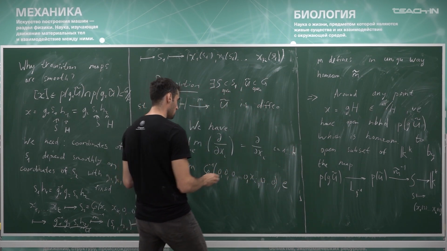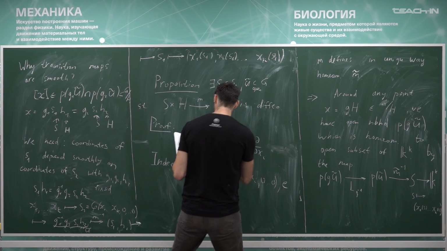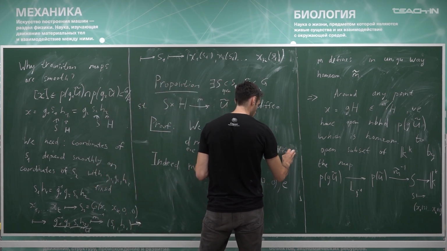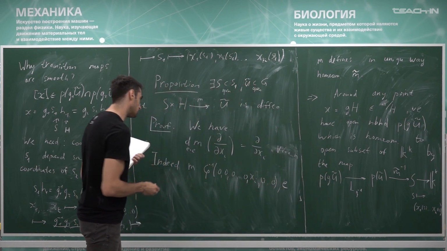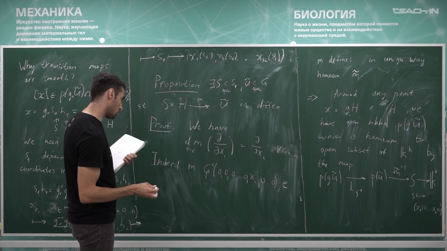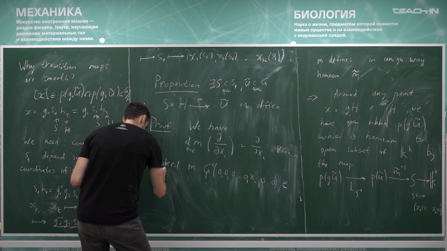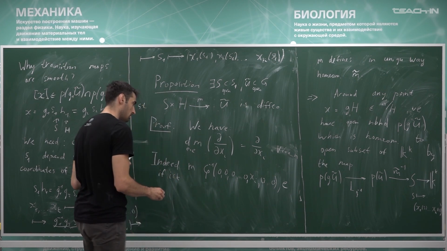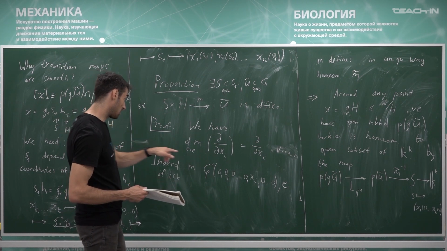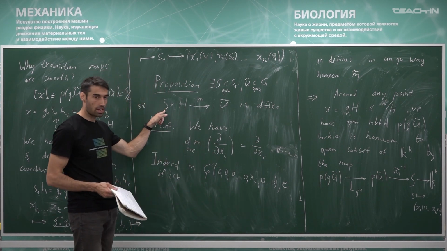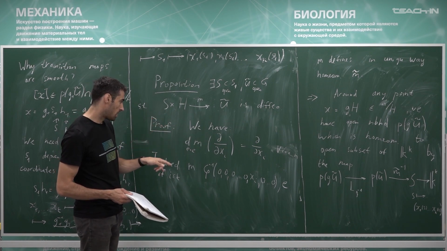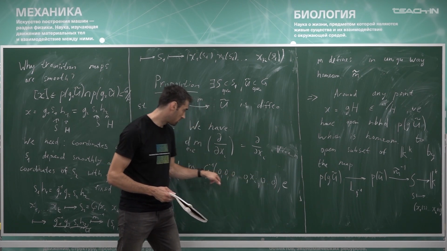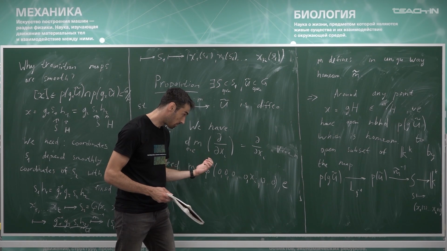So this happens for any i from 1 to n. First let us take i less or equal than k. This means that the corresponding coordinate in here is in the first factor. So I take phi inverse of this in the first factor. Here the number of zeros, including xi, is k.